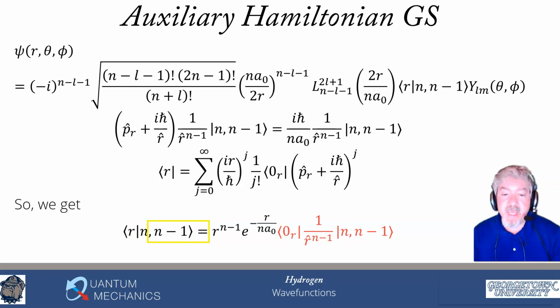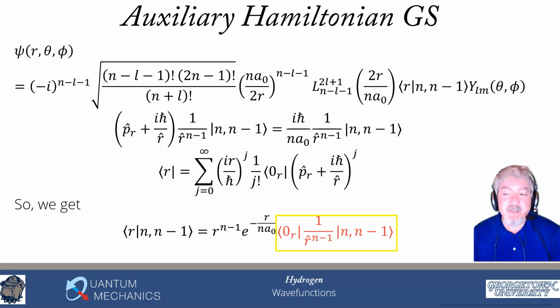That behaves like a power of r to the n minus 1 as r goes to 0, because that object in red is just a number. If that bracket on the left-hand side behaves like r to the n minus 1 as r goes to 0, if I divide it by r to the n minus 1 and then take the limit as r goes to 0, I will get a number.